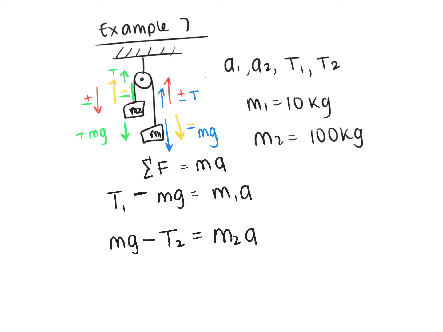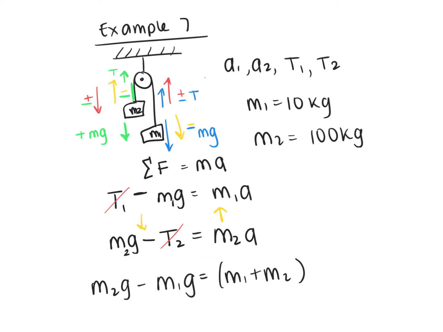And if we combine these two equations, we will find that the T's cancel out. The masses do not cancel out because m1 and m2 are different. So we will get m2g minus m1g equals m1 plus m2 multiplied by a.